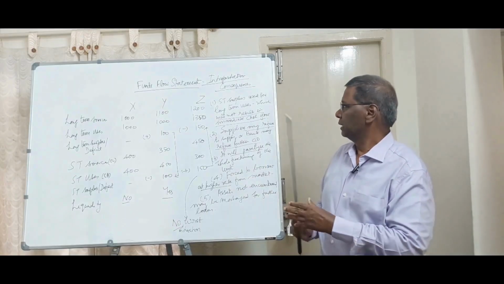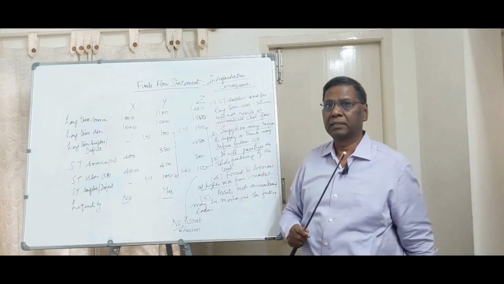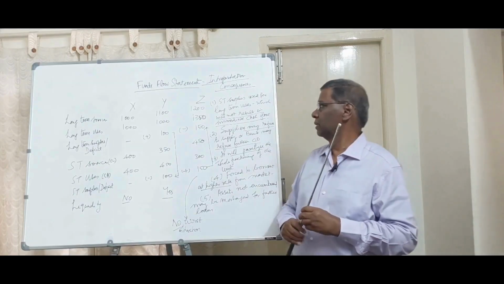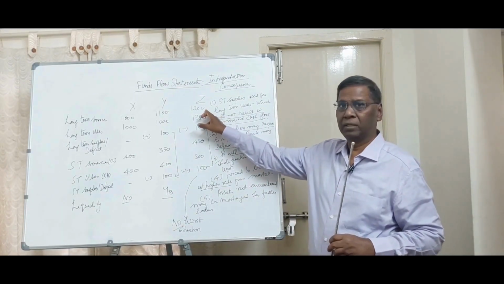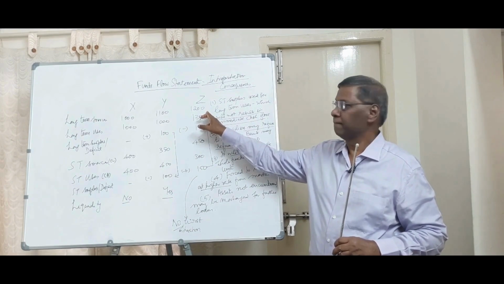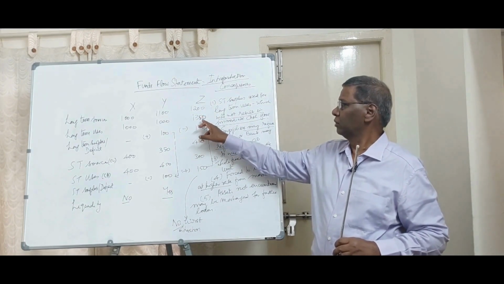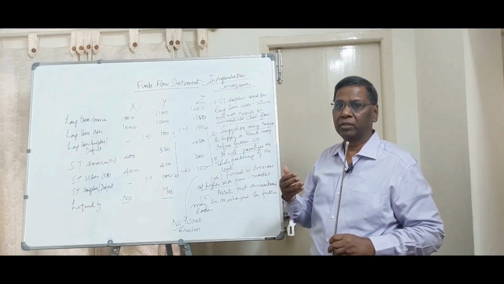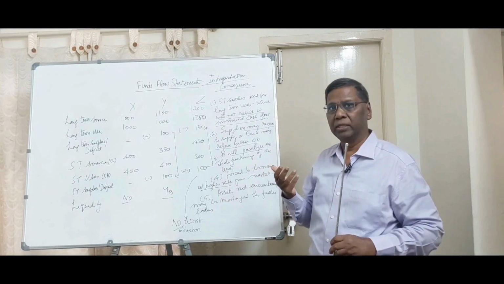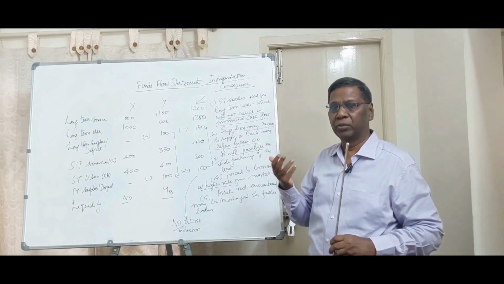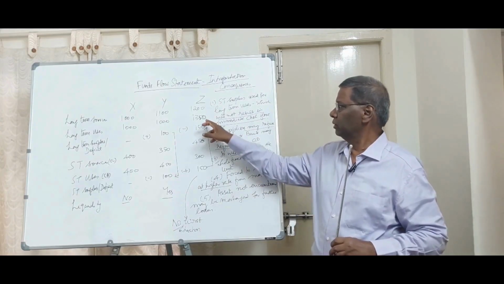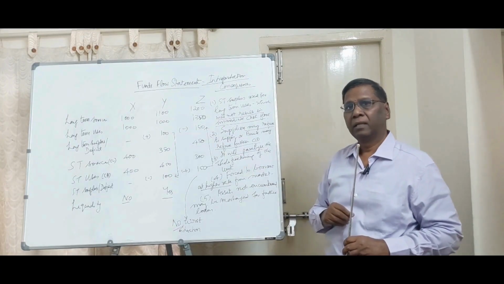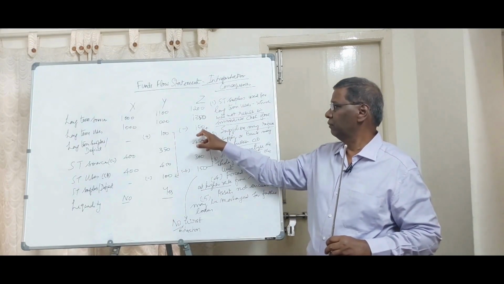Now you should follow me closely. In this case, 1,200 is the long-term sources: debentures, term loan, equity, etc. But he spent 1,350. So there is a long-term deficit of 150.